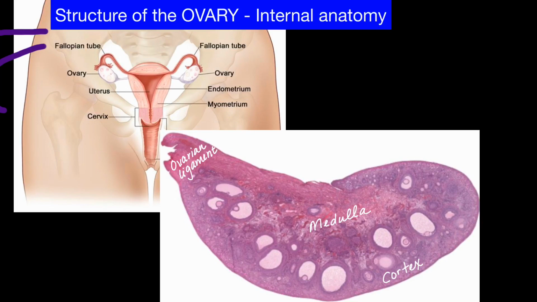So what you can see in this image is that we've got lots of little pockets and little cells in the pockets. This shows you that we've got different stages of development in terms of the ova, so our gametes, our egg cells, and the follicles in which they develop.